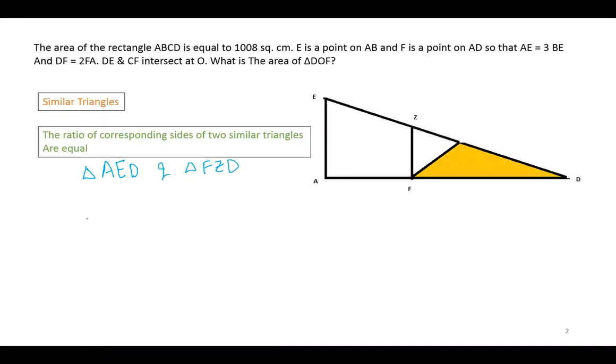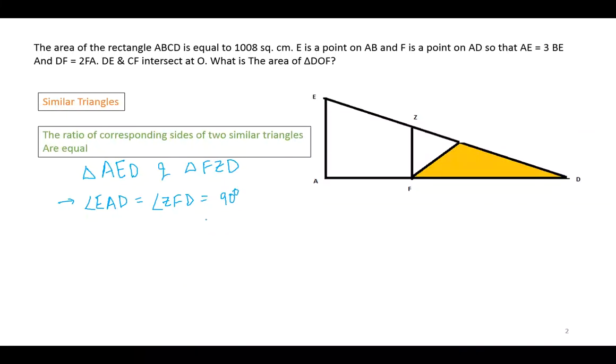Alright. Now what I can do is prove that these two triangles are basically similar. How will I do that? I just need to prove that two of their angles are equal, right? If I prove that any two angles of these two triangles are equal, I have basically proved that these two triangles are similar. Let me start with angle EAD, which is equal to angle ZFD, which are both 90 degrees.